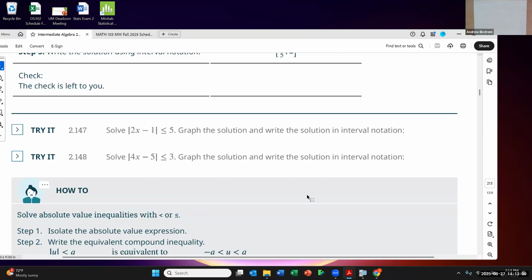I'm going to give you problem 147 to work on. What I'm interested in here is what are the values of x that will actually make that true. So what should we do?